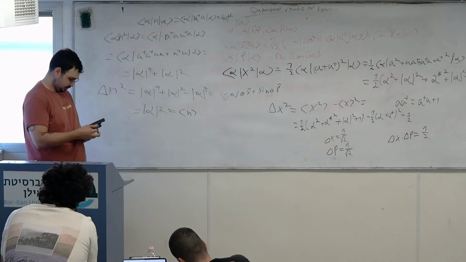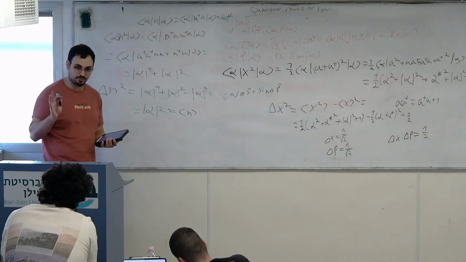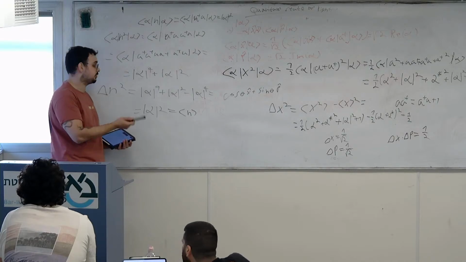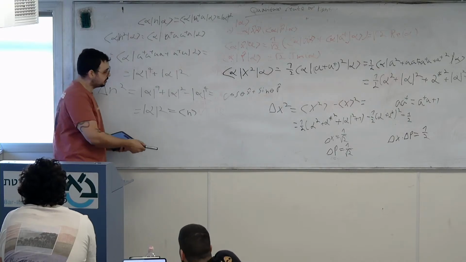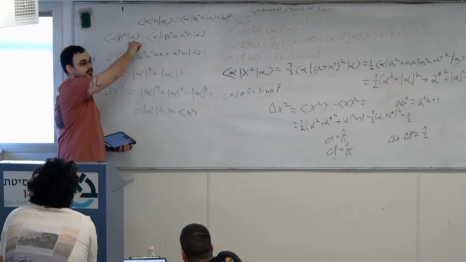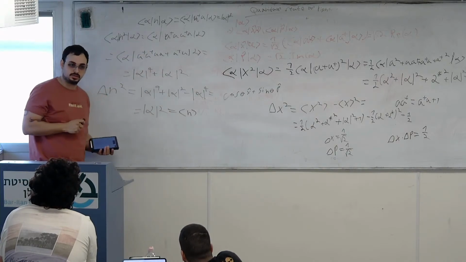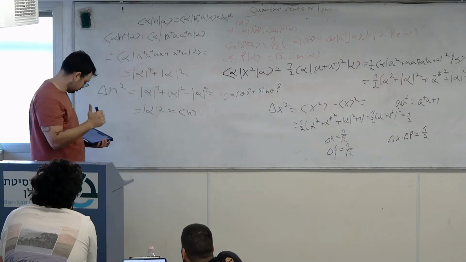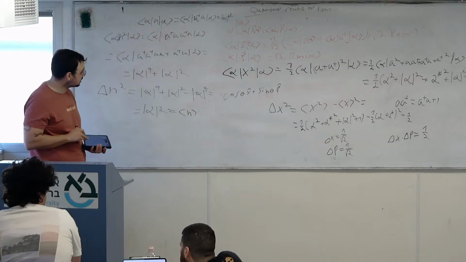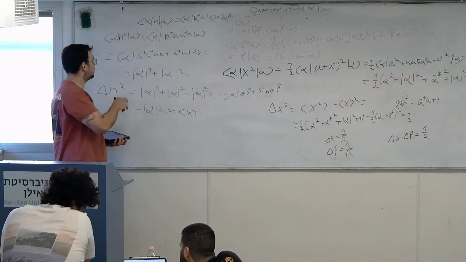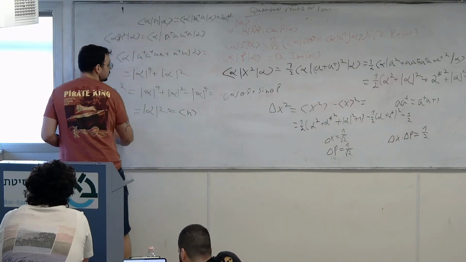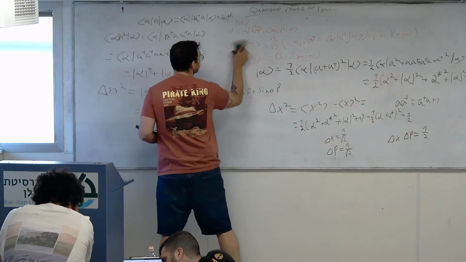Now, I believe that I don't have to prove it to you. This is just a Poisson distribution, and it is the same because the variance is equal to the expectation. Okay, so now let's try to see what this state actually is. What is this state?